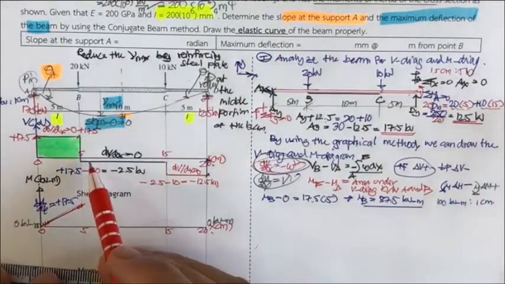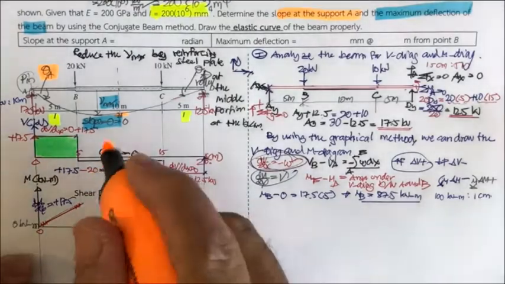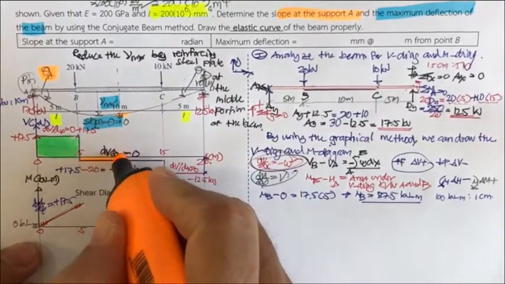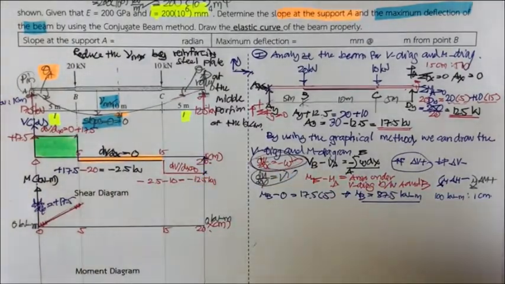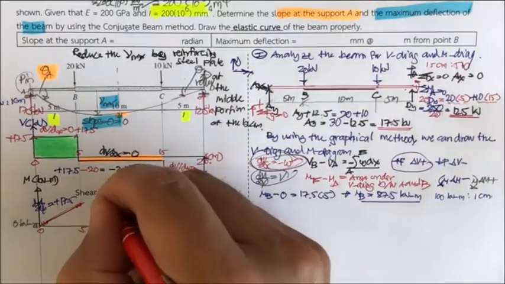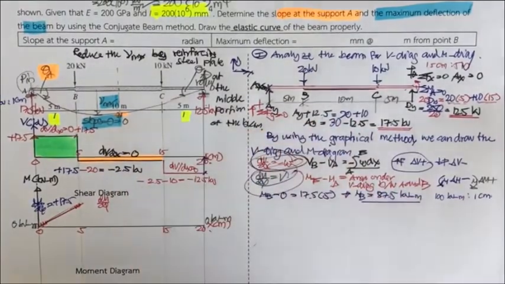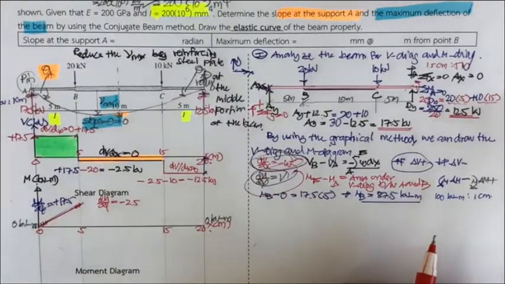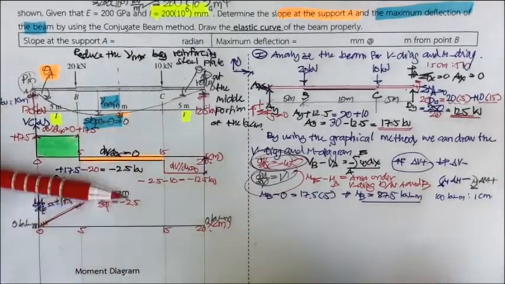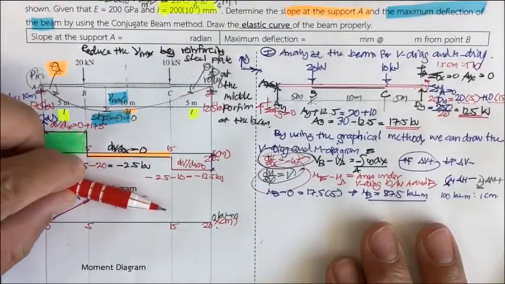And then you move further into this region. You got the shear of minus 2.5 all around here. So your dM by dx is going to be equal to minus 2.5. That means, for example, your moment diagram is going to go down here.